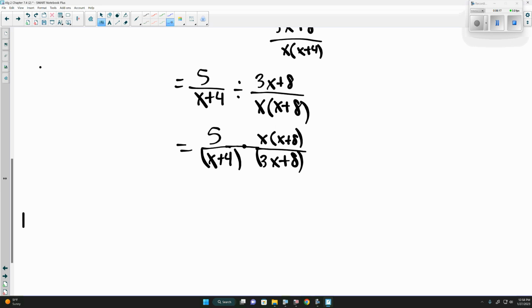Well, if I can write this correctly, because that shouldn't be 8. That should be a 4. Well, the x plus 4 and x plus 4 will cancel out, leaving us with 5x over 3x plus 8.